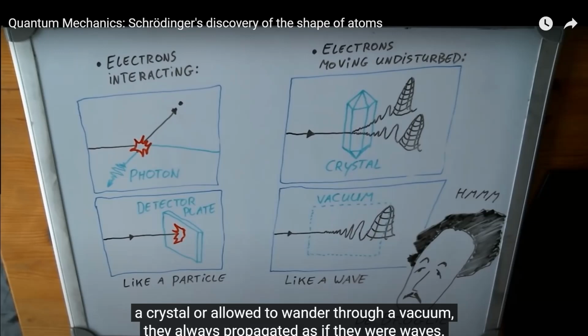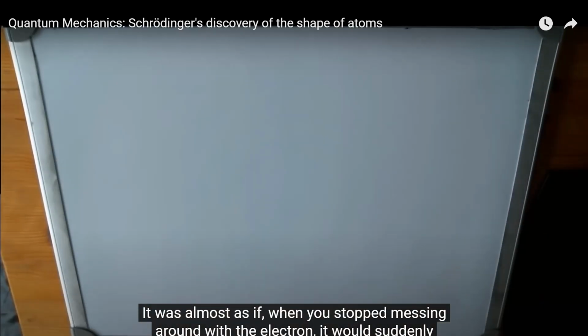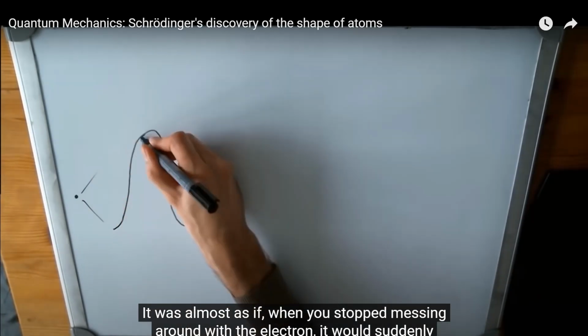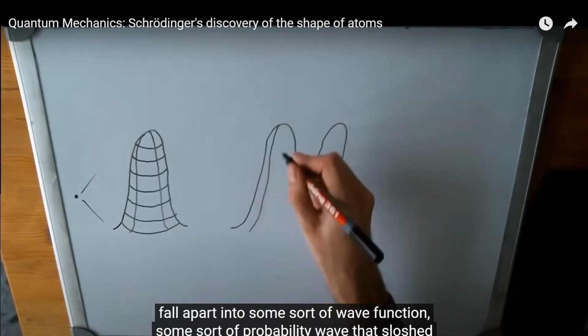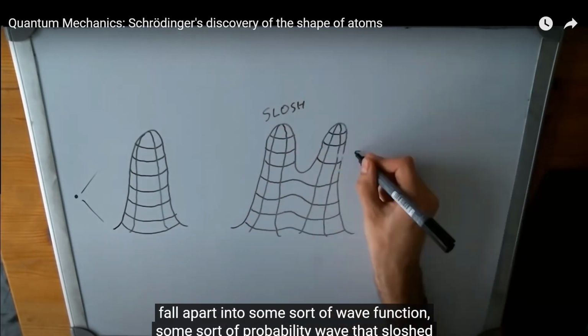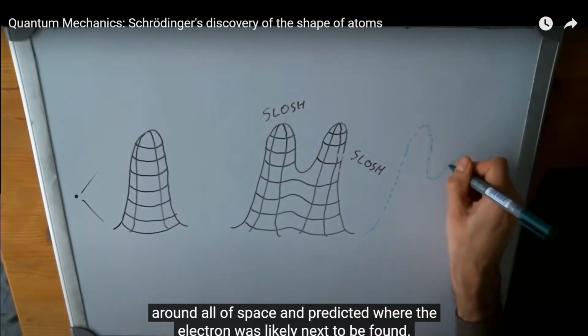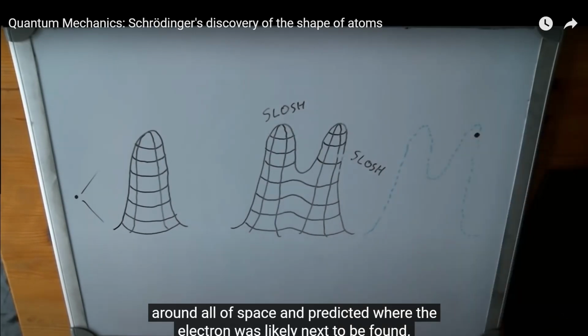It behaves like a wave. Ooh, that's odd. It was almost as if when you stop messing around with the electron, it would suddenly fall apart into some sort of wave function, some sort of probability wave that sloshed around all of space and predicted where the electron was likely next to be found.